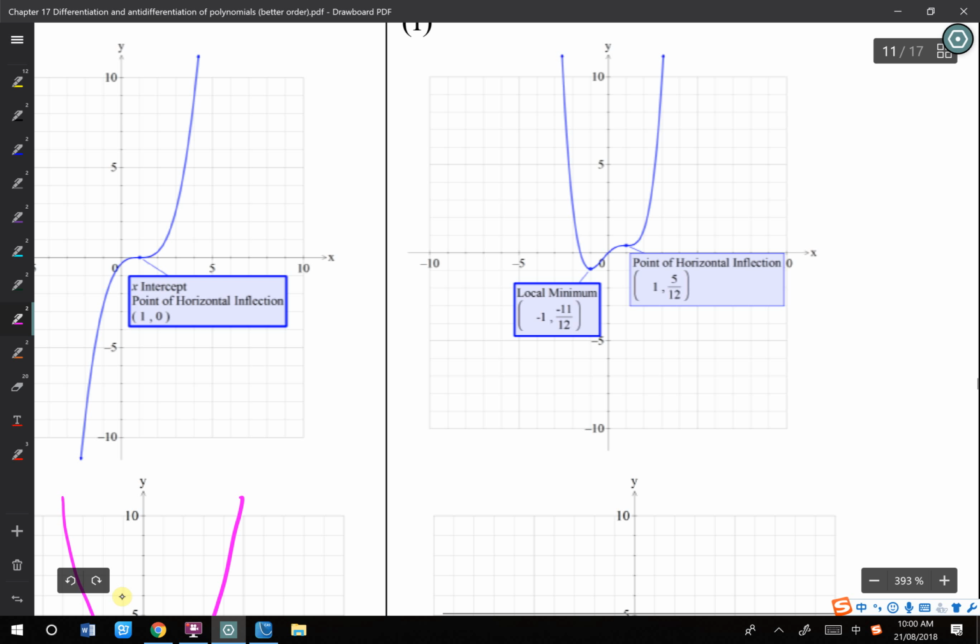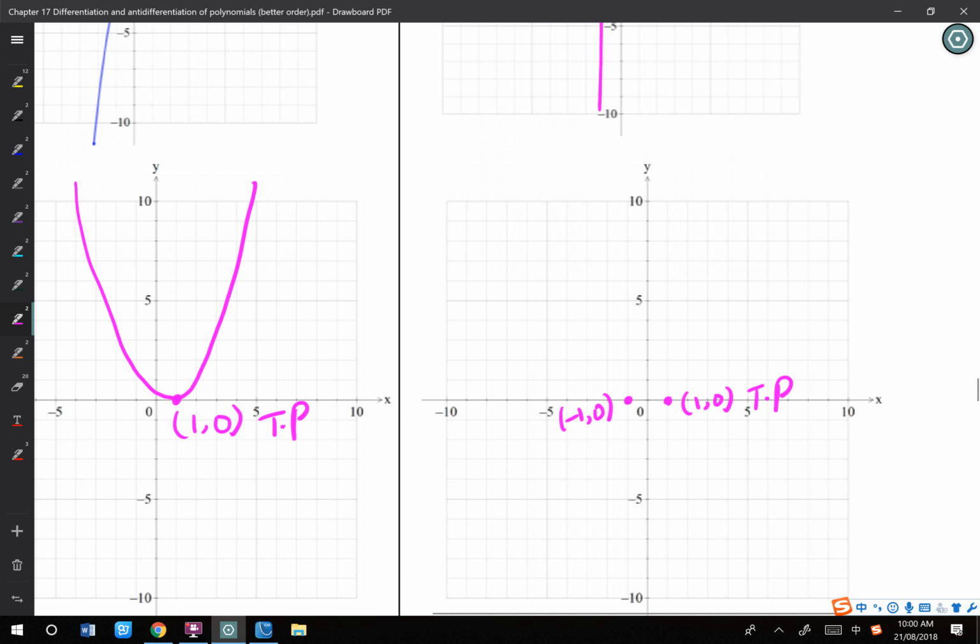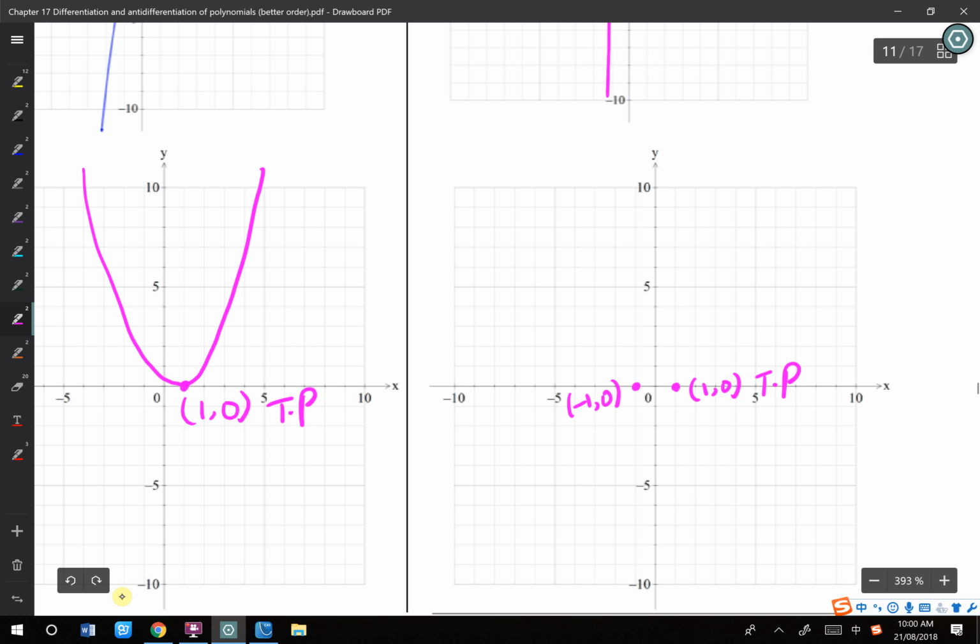After negative 1, okay, the whole function is increasing, is that right? Yes, the whole function is increasing after negative 1. So at least you know after negative 1, my graph should be this. That's the turning point. Okay, it's all above the x-axis. But what do you need for negative 1? You need something like this.